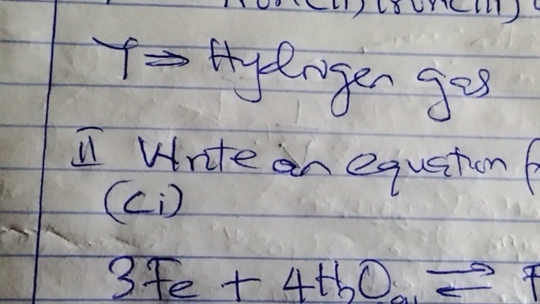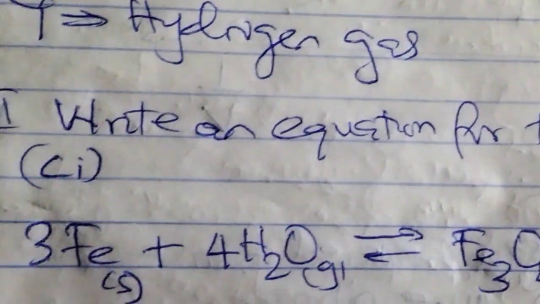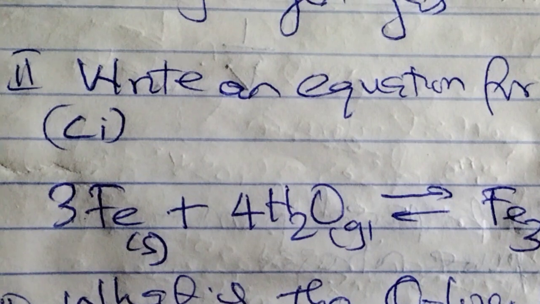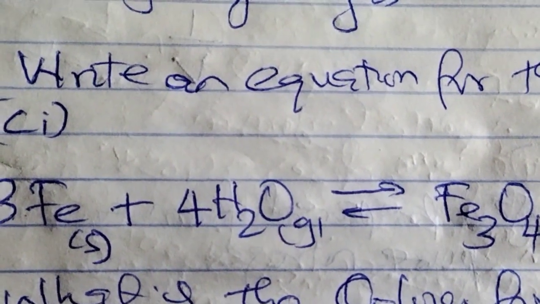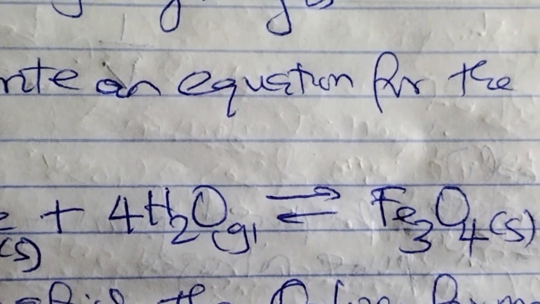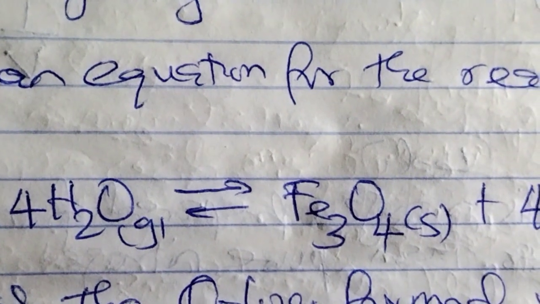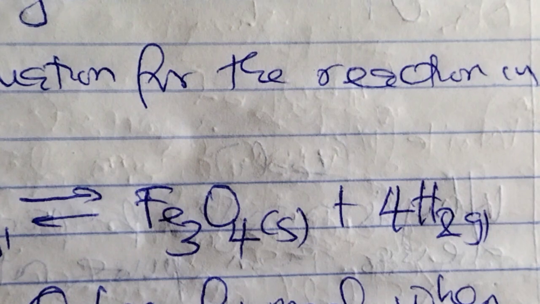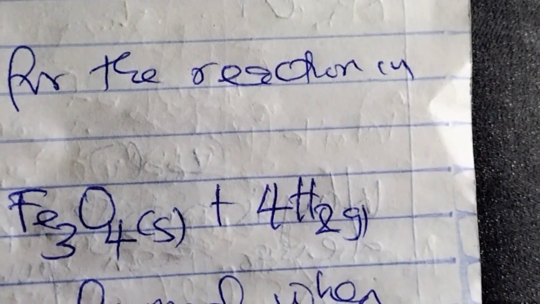The number II says write an equation for the reaction in Ci above. So you have 3 moles of iron, solid in bracket, plus 4 molecules of water or steam, G in bracket, reversible sign there, giving us the iron(II) iron(III) oxide, that's Fe3O4 solid, plus 4H2 gas.